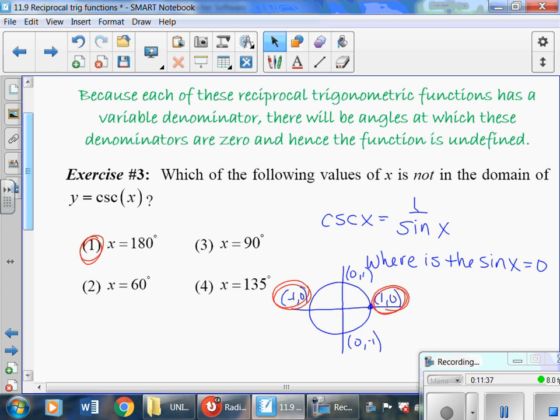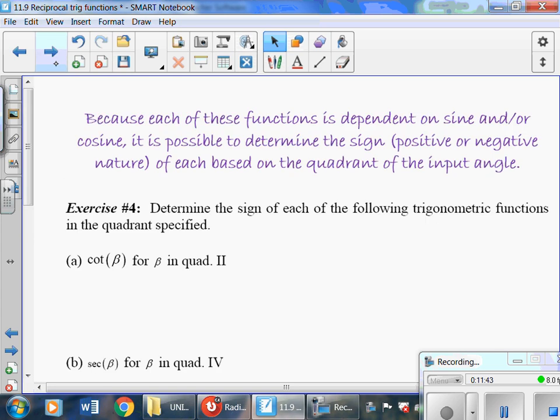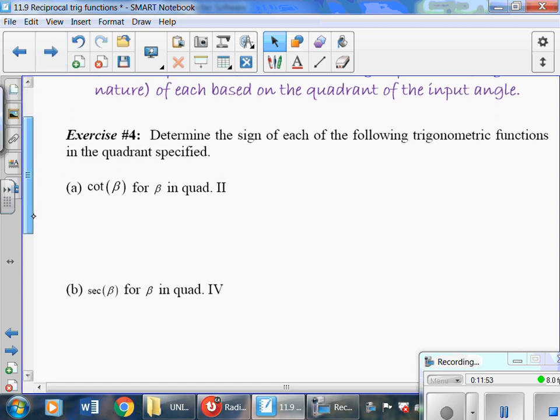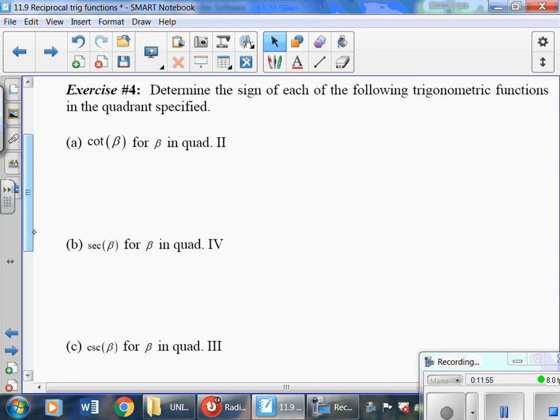All right, because each of the functions is dependent on sine or cosine, it is possible to determine the sign, whether it's positive or negative, of each based on the quadrant of the input angle. So for exercise 4, it says determine the sign of each of the following. So cotangent of beta, if beta is in quadrant 2, remember, this is how I do it.